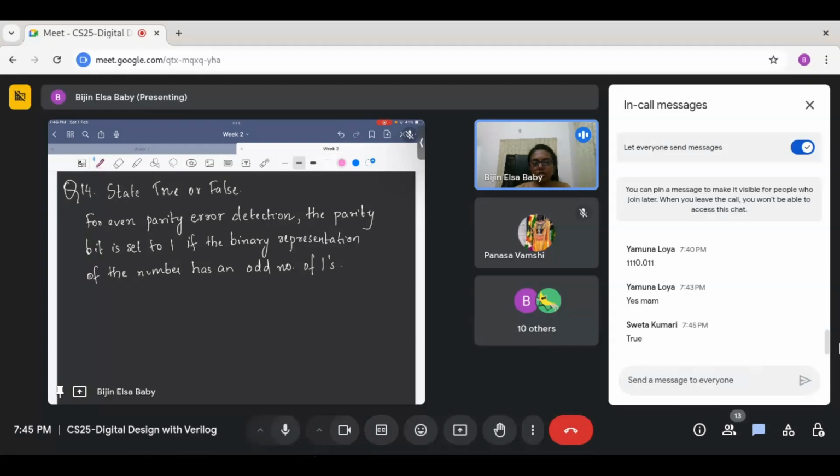Is it true or false? Shweta is telling true. What about others?